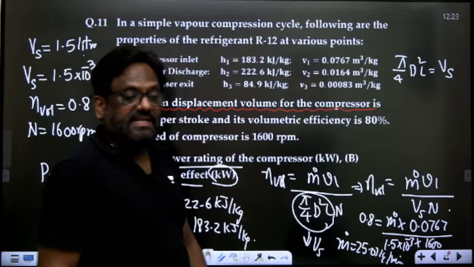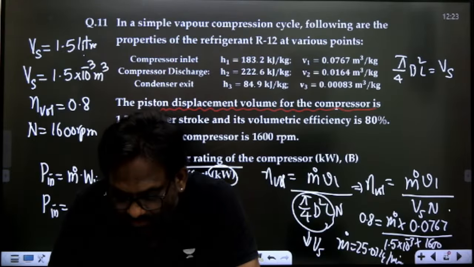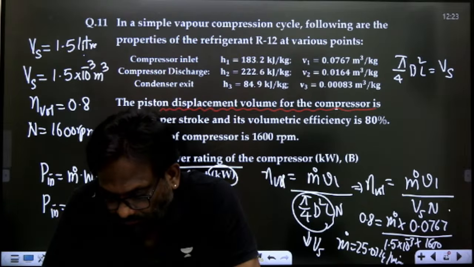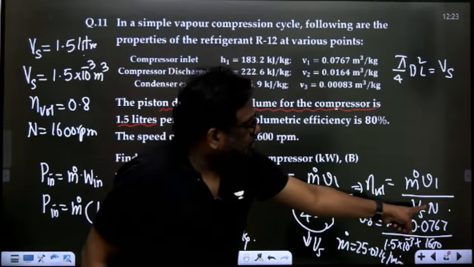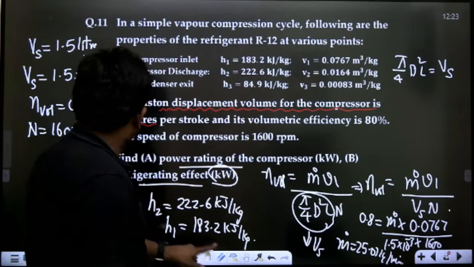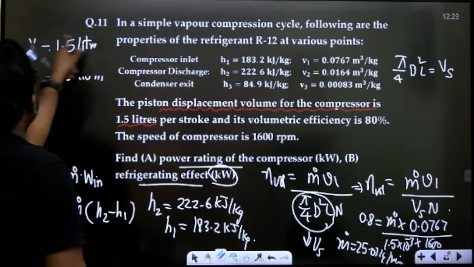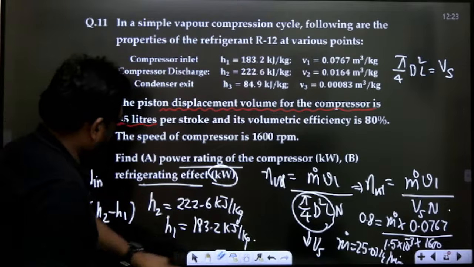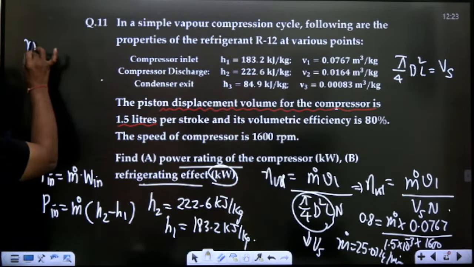Why is the answer in kg per minute, sir? Because this is already rotation per minute, so we got the value. Friends, so the mass flow rate has come, sir.